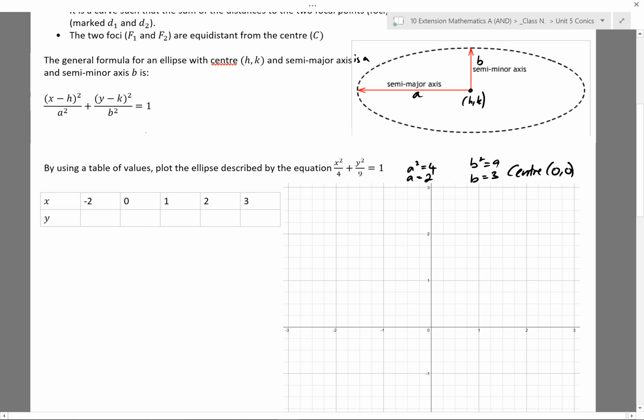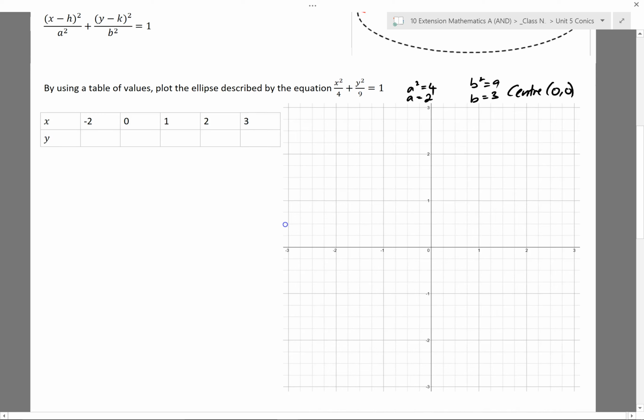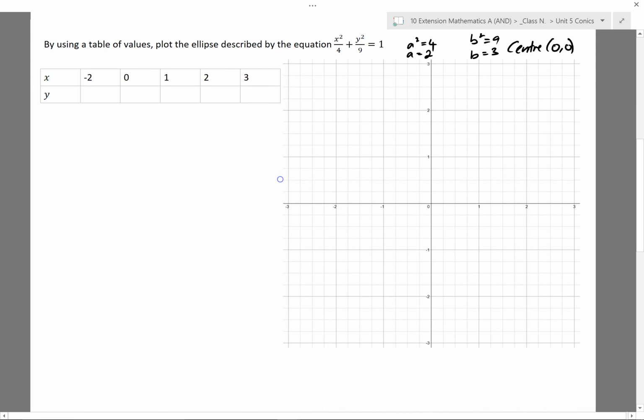So I'll substitute in some points and see how this works. I'll substitute in the point x equals 0 just to show you the full process. So I'll sub in x equals 0 into x squared on 4 plus y squared on 9 equals 1.